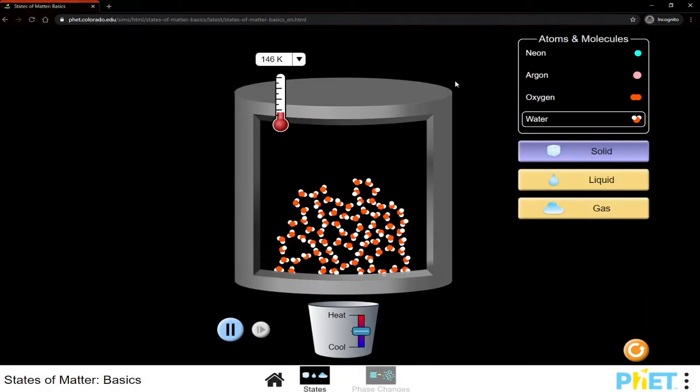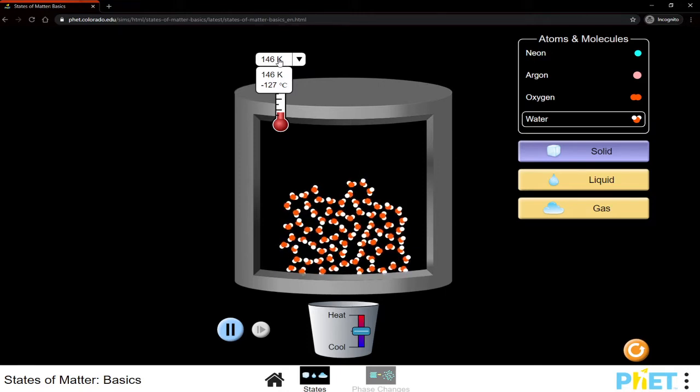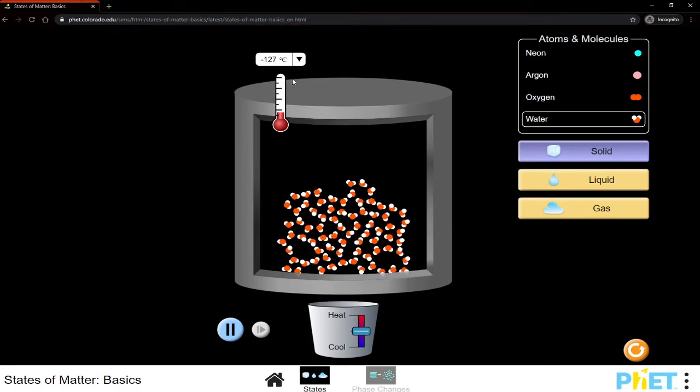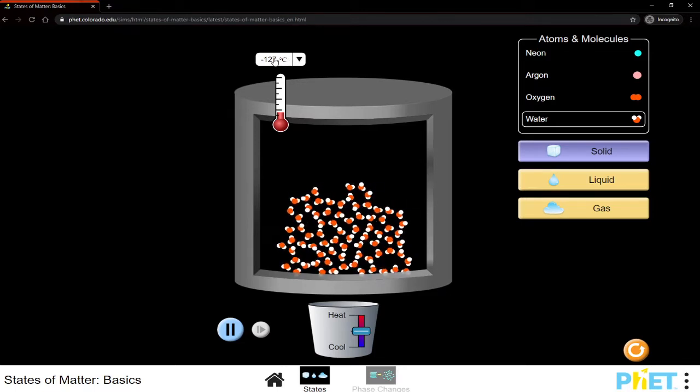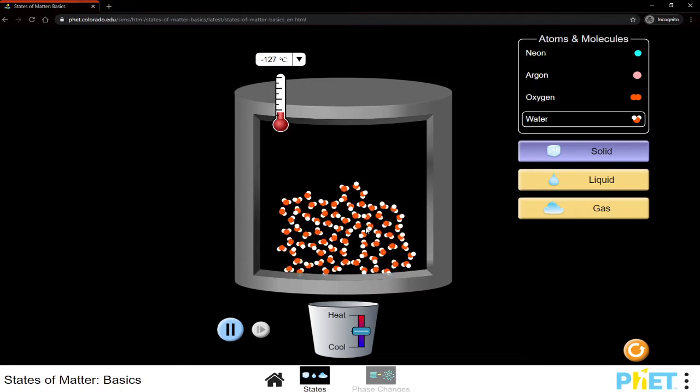are these different molecular pictures here for different states of matter for water. So here we are at 146 Kelvin, best temperature scale, or negative 127 degrees Celsius, second best temperature scale. Really, really cold. But, and this is a really important part, have some appreciation for how chaotic the molecules look at the molecular level, right?